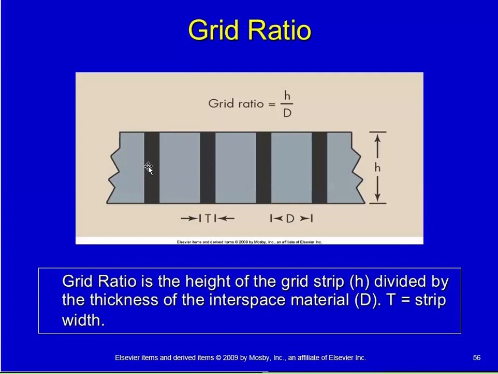If I cut this grid in half, so that I cut it perfectly down the middle from left to right, then I reduce the height by half. So suddenly our grid ratio is now 5 to 1. So we reduced our grid ratio because we reduced the height.